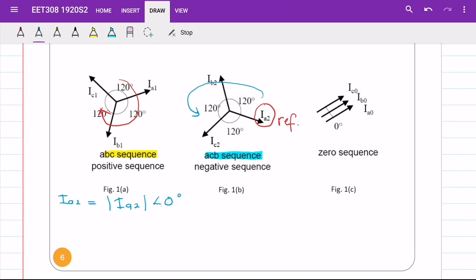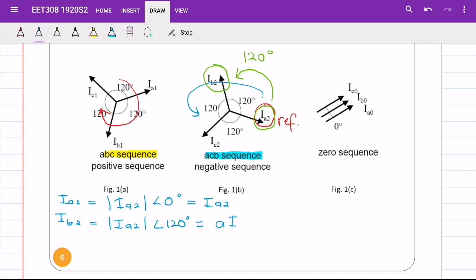For IB2, the magnitude is IA2, and the angle between IA2 and IB2 in the counterclockwise direction is 120 degrees. Or we can rewrite the equation using the operator A identities, so the equation becomes A times IA2.